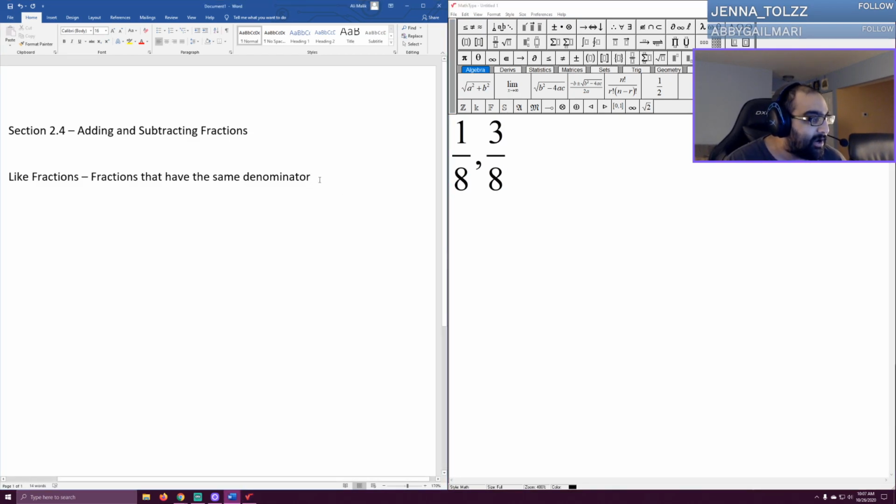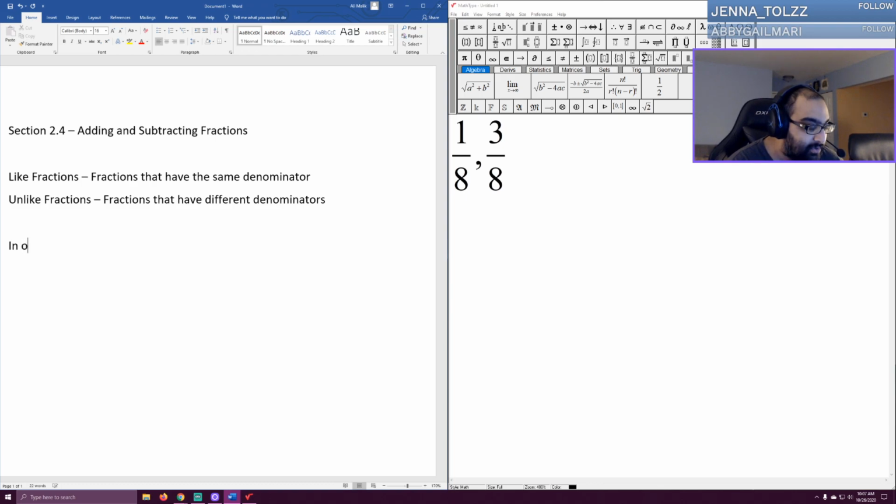Now, of course, the opposite of that is unlike fractions, which are fractions that have different denominators. The important part here, although these are the basics, is that like fractions is what we want to be under.